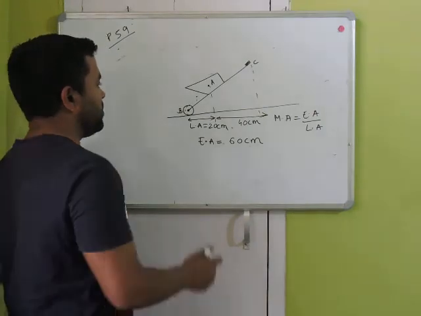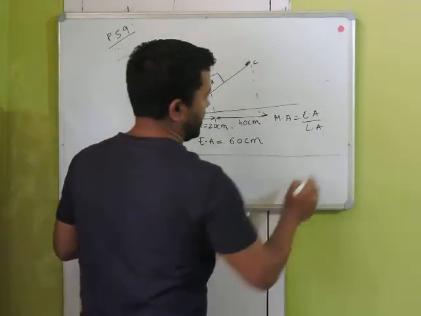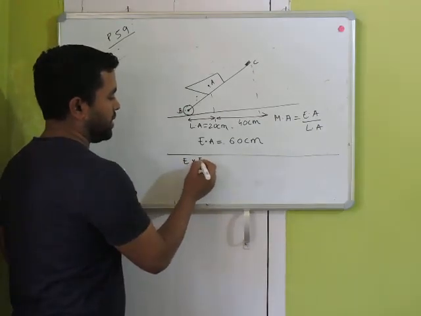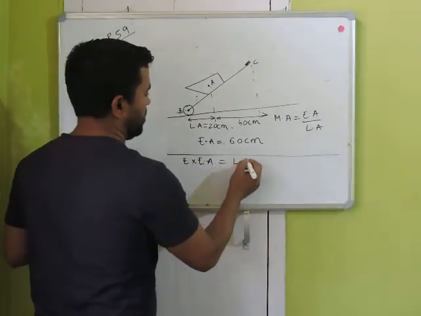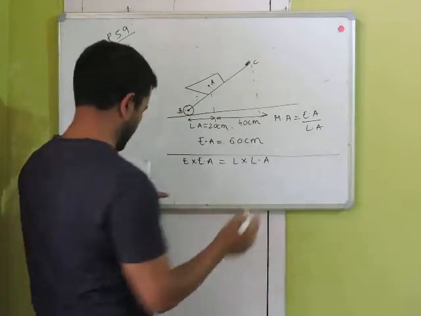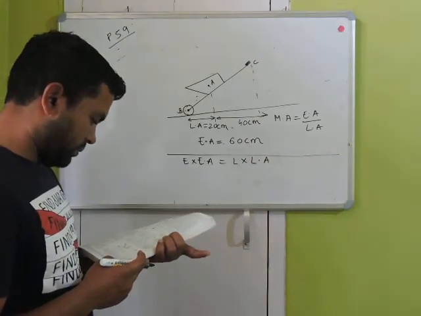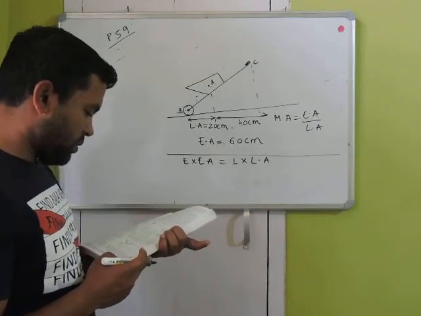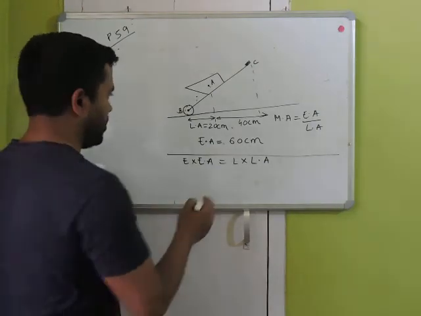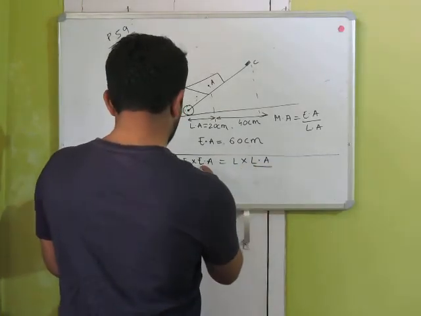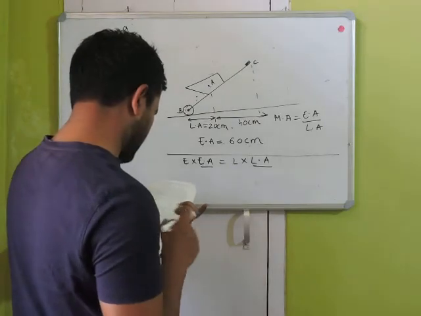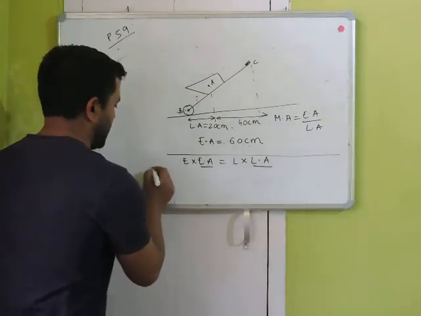If you remember the principle of moments, effort into effort arm is equal to load into load arm. Here load arm you know, effort arm you know, you have to calculate E.